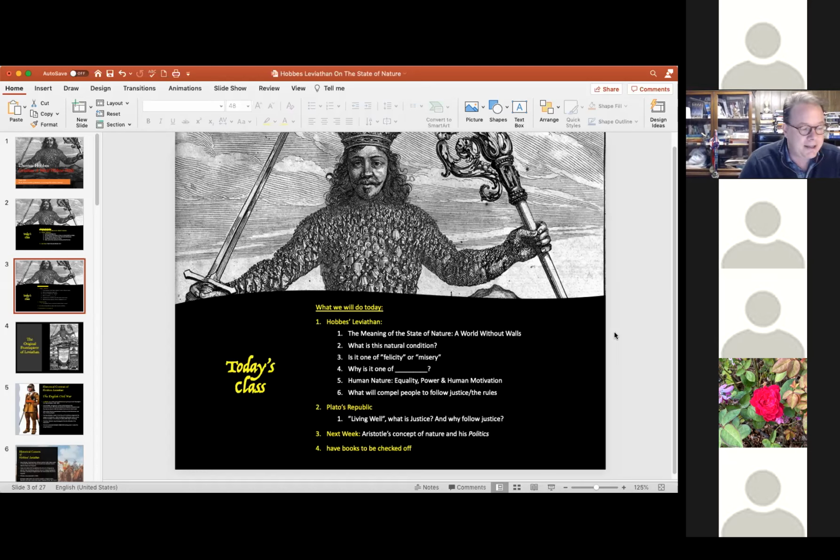Even ties in with the concept of checks and balances in our government from the Federalist Papers. Question: why do people need government? To keep them in check. Why do people need government to keep them in check? What does this say about human beings that they need government to keep them in check?